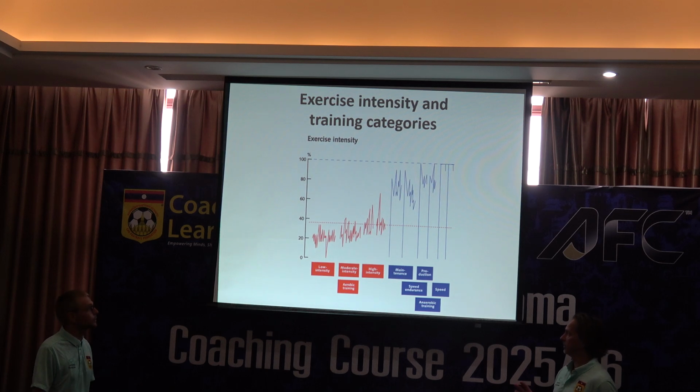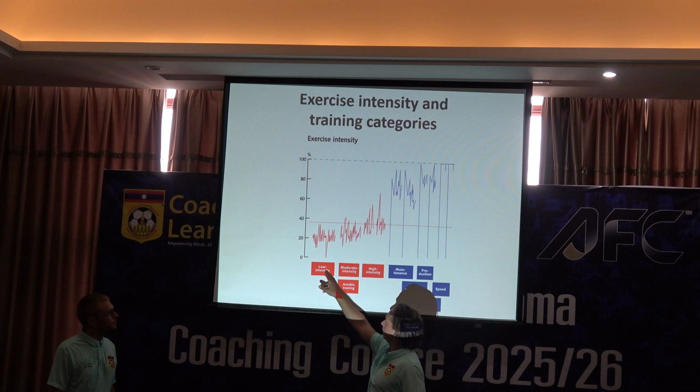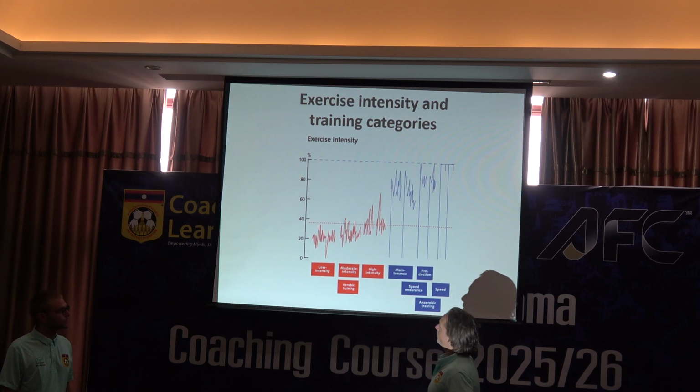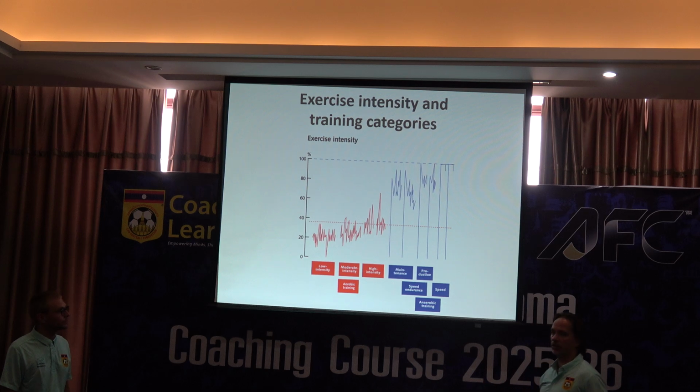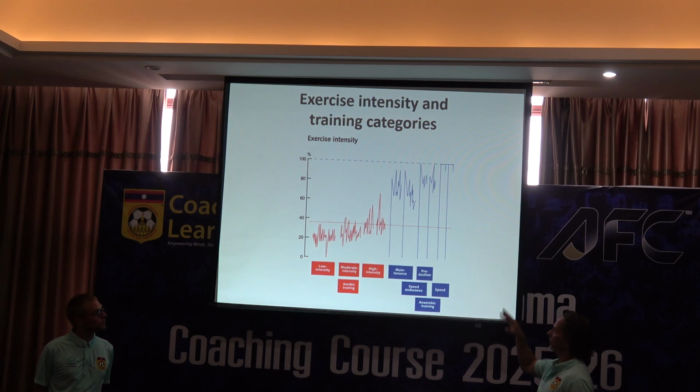So that if we put this into play, we can see that aerobic low intensity training, we're working at maybe on average 20% of maximum intensity, but between maybe 15 and 40%.